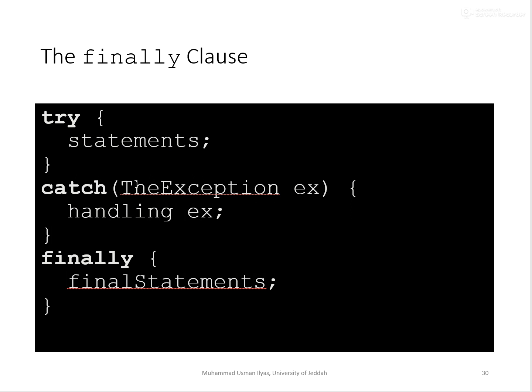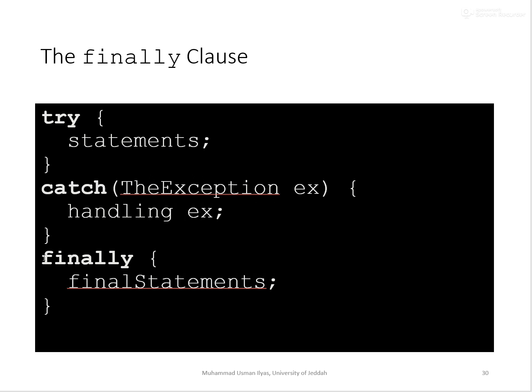And another thing, in addition to the catch block, that can be added to exception handling is something called a finally block. And I'll show you when exactly the code inside the finally block executes.